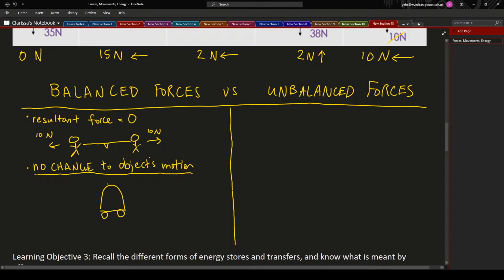So let's say that a car is already moving. There's my car. It's already moving. We have the thrust force is 100 newtons. And then let's say the combination of friction and air resistance, let's say it's 50 newtons each. 50 newtons of air resistance, 50 newtons of friction.